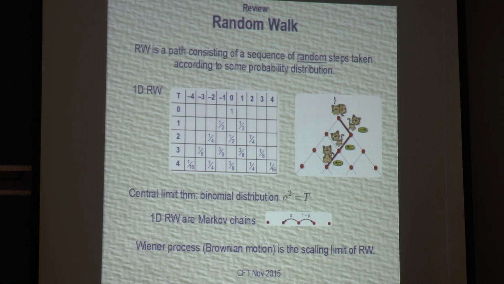If this is performed sufficiently number of times, the final positions of the cat in the graph, according to the central limit theorem, follow the binomial distribution, which variance scales linearly with time. Here, time is equal to number of steps. One-dimensional random walks are Markov chains, and Wiener process describing the Brownian motion is the scaling limit of random walk.